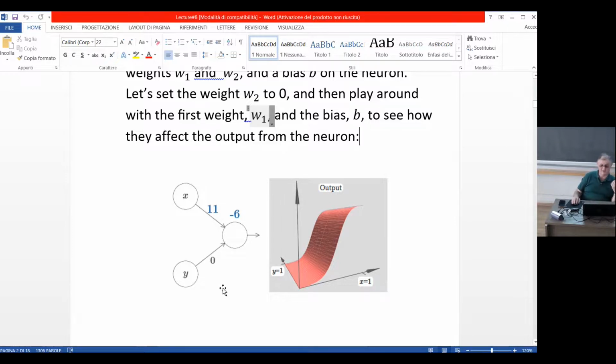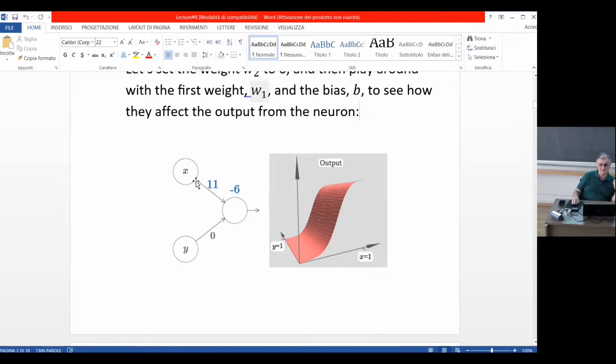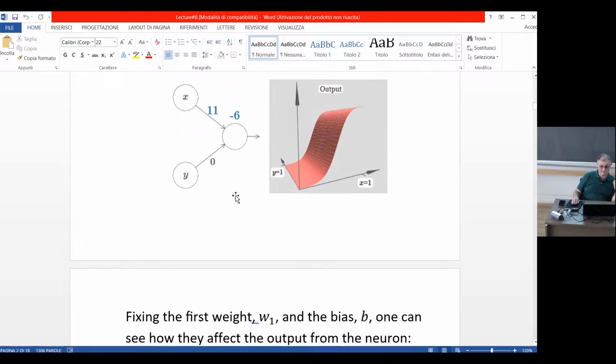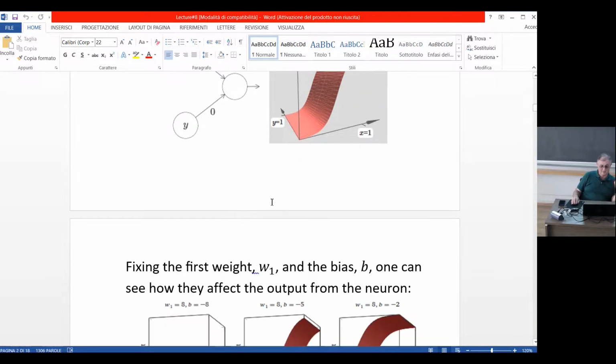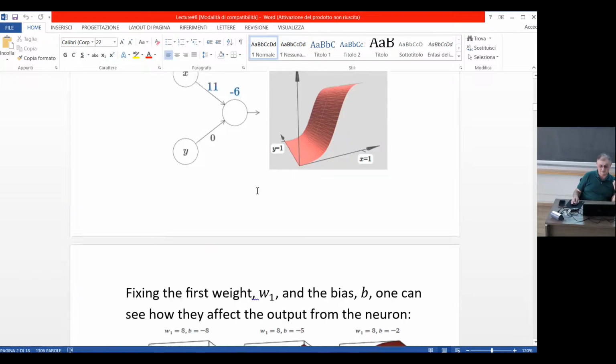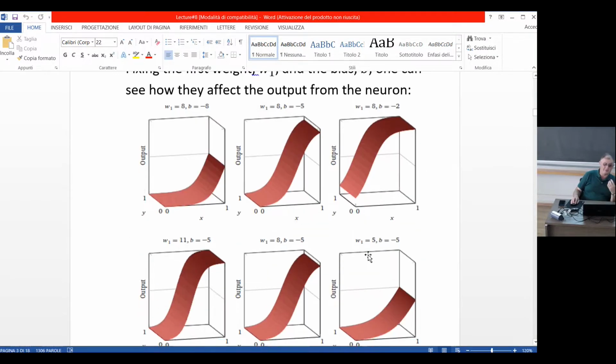So it vanishes, and we have only the reply in one direction: 11x minus 6. Fixing the first weight W and the bias b, now one can see how they affect the output from the neuron.